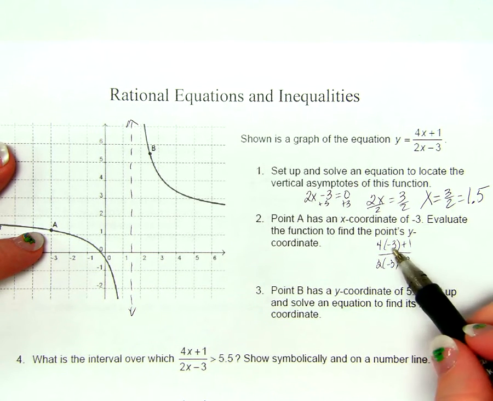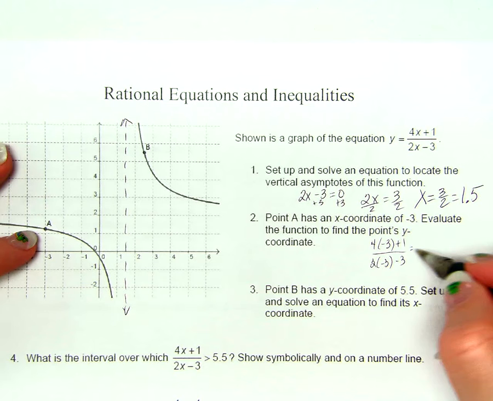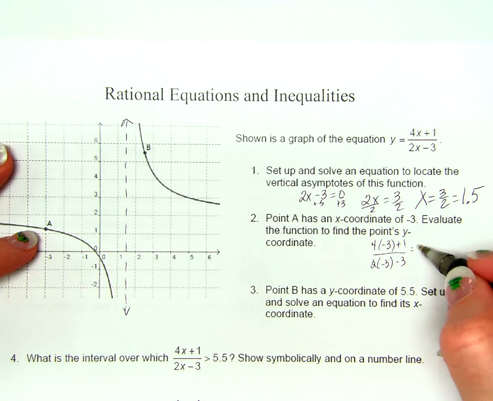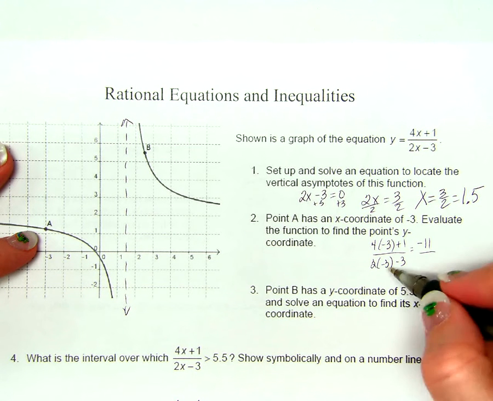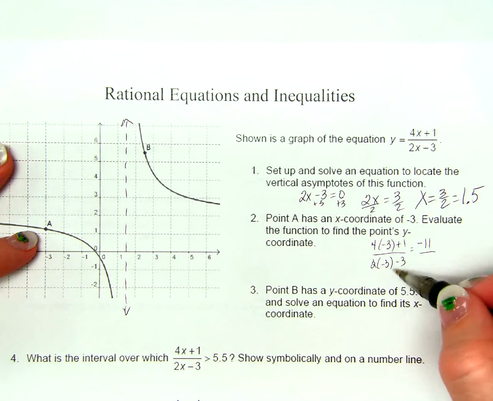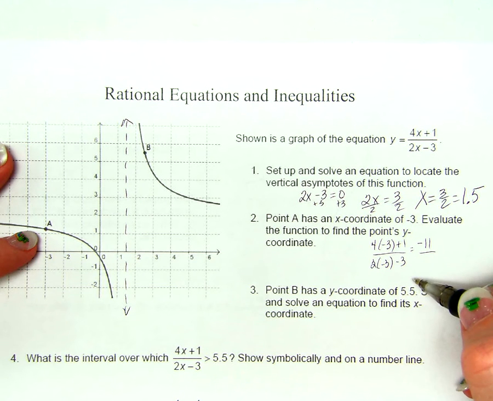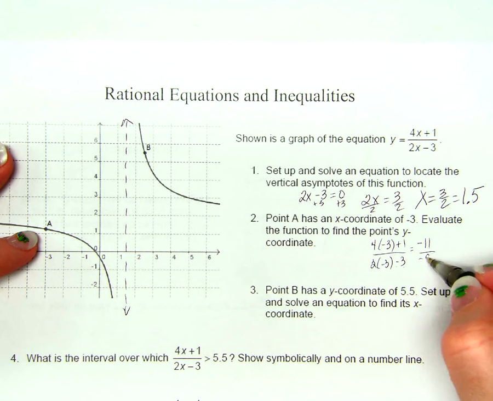What is 4 times -3? -12 plus 1 is -11. 2 times -3 minus 3 is -9.